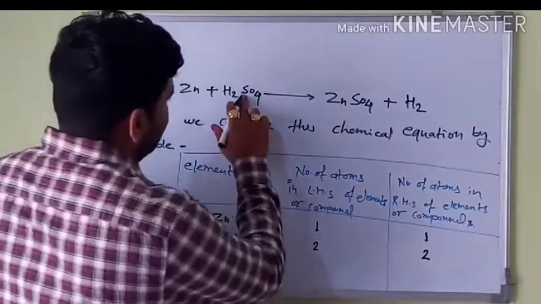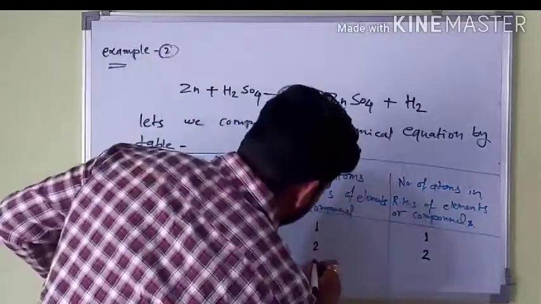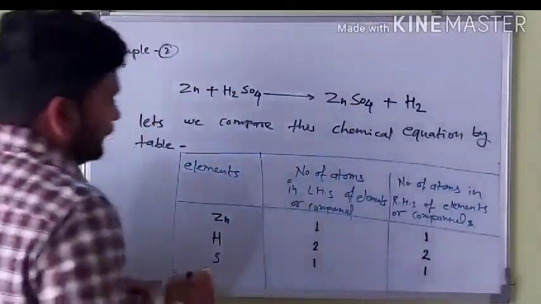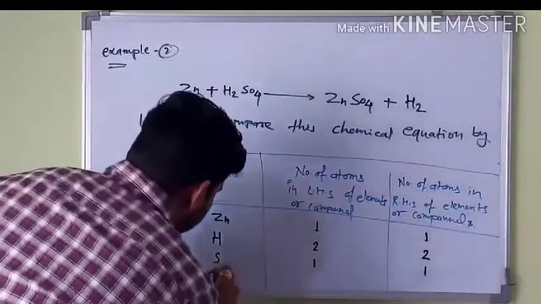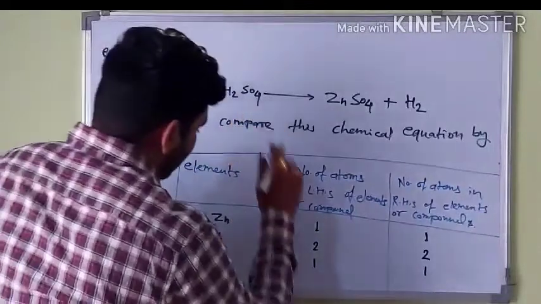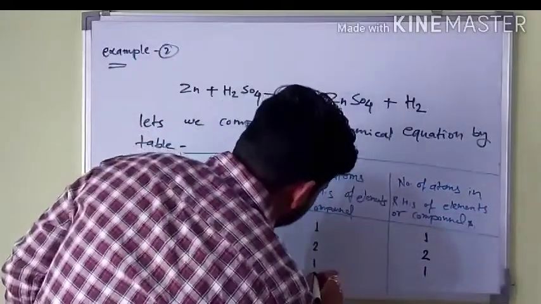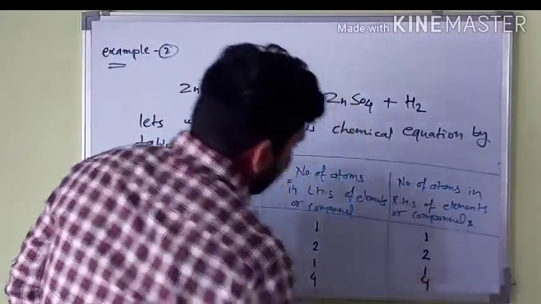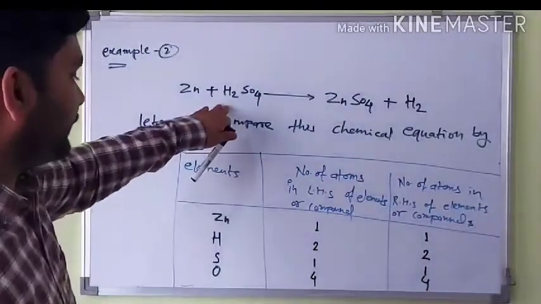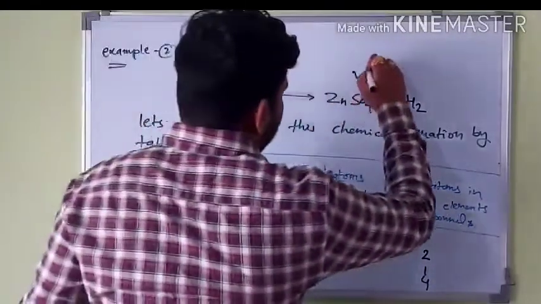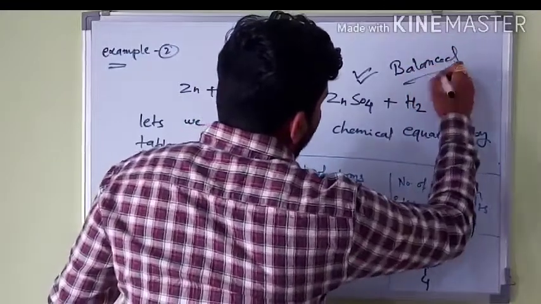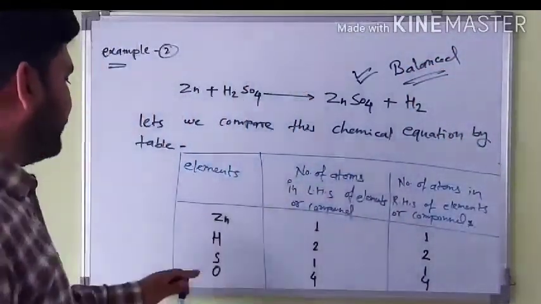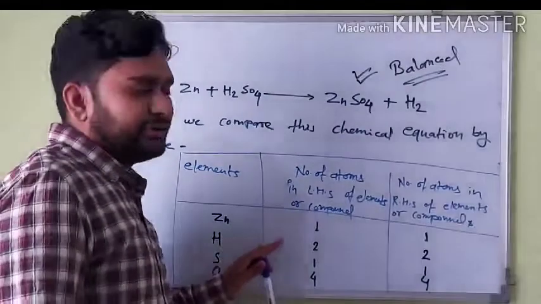Here is 1 sulfur, here is 1 sulfur, that means 1 and 1. And after that oxygen: here are 4 oxygen, here are 4 oxygen. That means this chemical equation is a balanced chemical equation. So there is no need to balance this chemical equation.